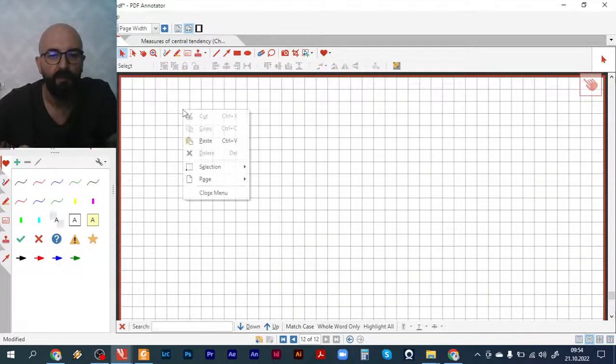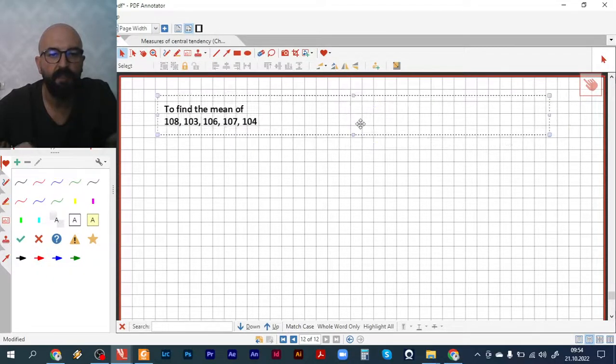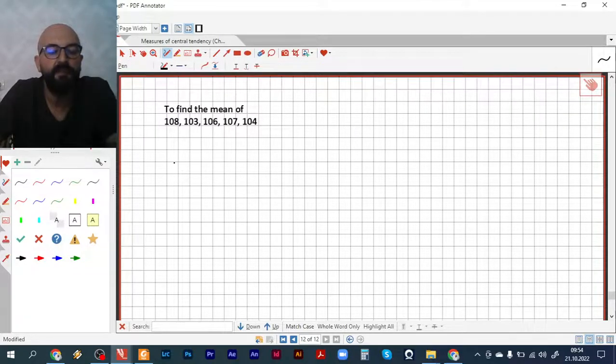Okay, now for example, we have these data, and we want to compute the mean, and the mean is the sum of all x over frequency. But our numbers are very large, so we want to use small numbers, and we want to use 100 less than all data.